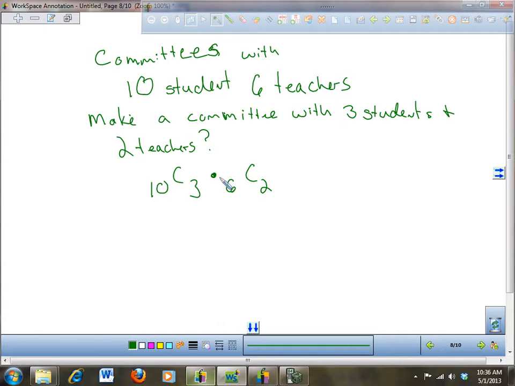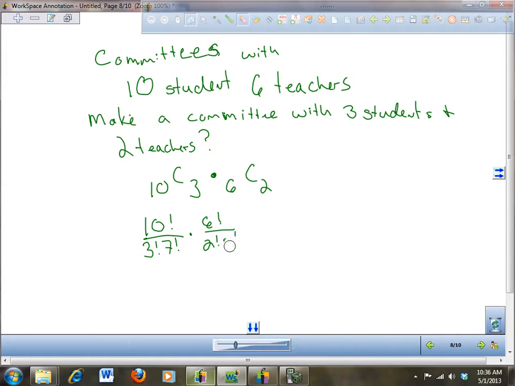Because you multiply, because that's the multiplication principle. So that'd be 10 factorial over 3 factorial, 7 factorial, times 6 factorial over 2 factorial, 4 factorial, and you can figure that out, or you can do that on your calculator.